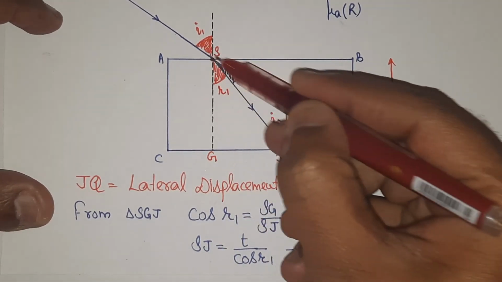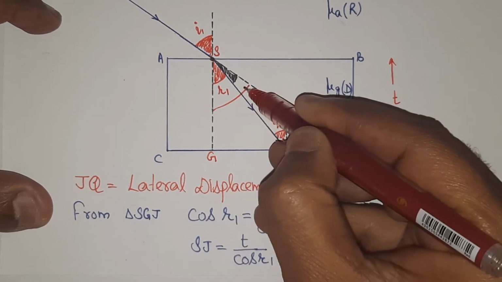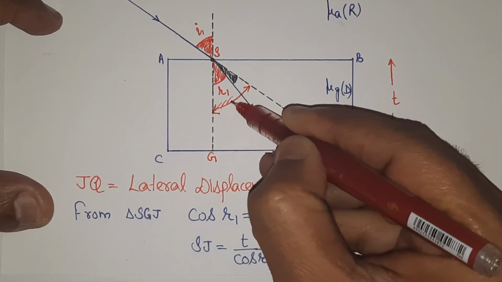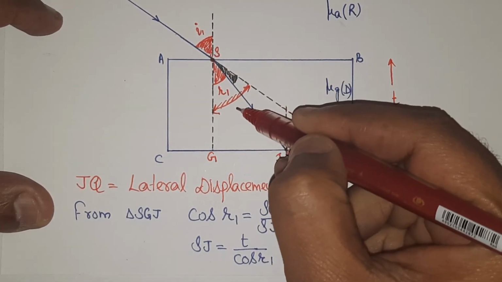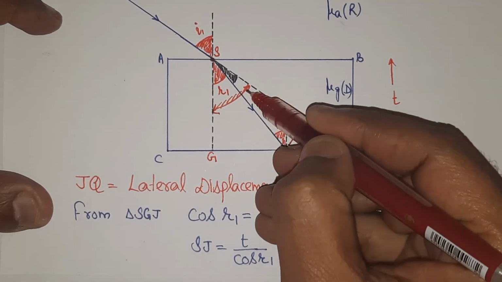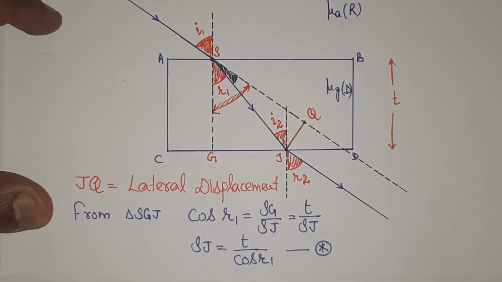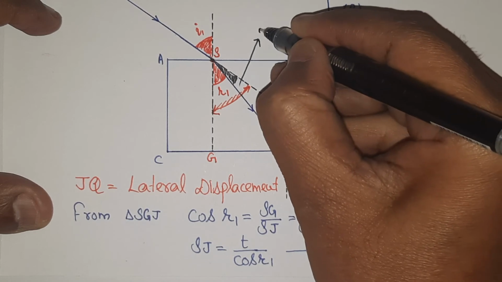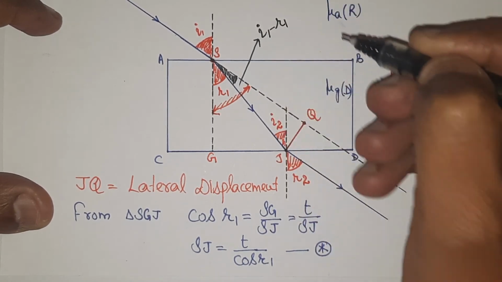This complete angle will also be I1, both are equal, vertically opposite. I1's this part is R1, so this remaining portion will be I1 minus R1.